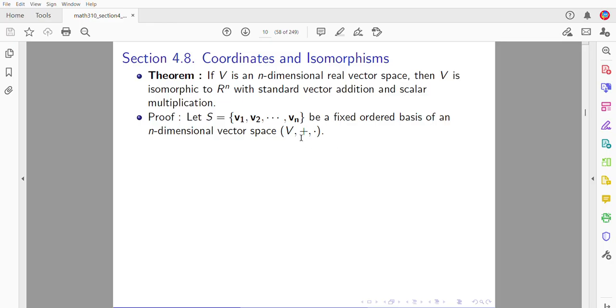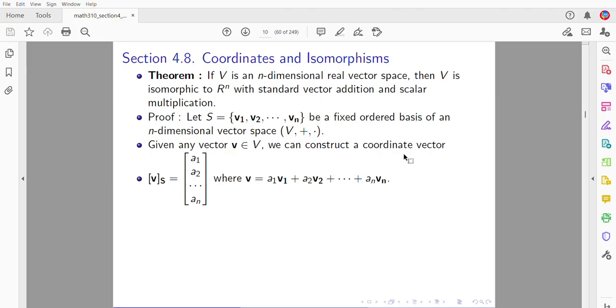I'm using usual plus and dot to represent vector addition and scalar multiplication of V. Take any vector v in V, construct its coordinate vector, that we saw in our previous video, how to find the coordinate vector. What are these coordinates? Those are the coefficients when you write v as a linear combination of these vectors.